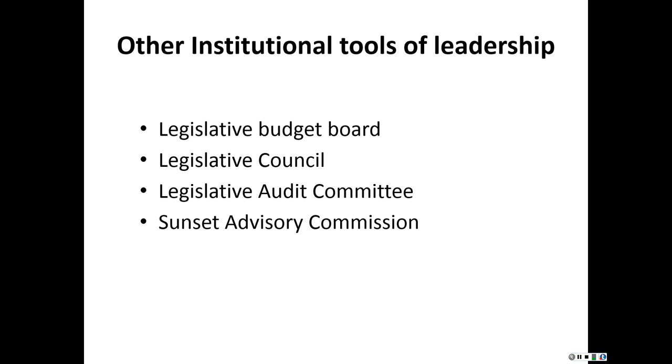The last thing I want to talk about, and this is going to tie back into the presiding officers. Oh, wait. I'm sorry. Let me give you a term you're going to hear. Again, on some of these things we just talked about, the Budget Board, the Legislative Council, the Audit Committee, well, the first three.